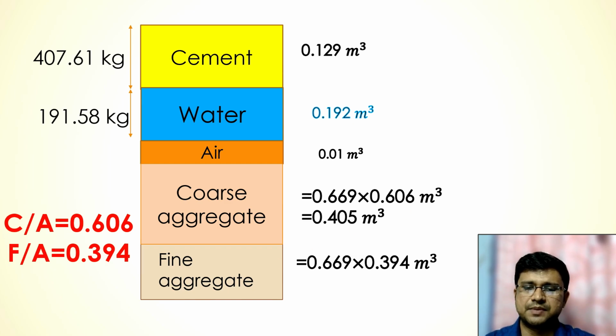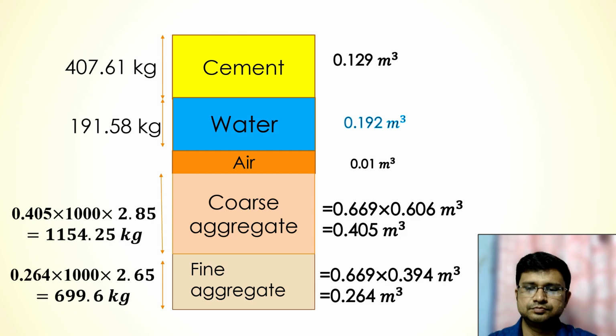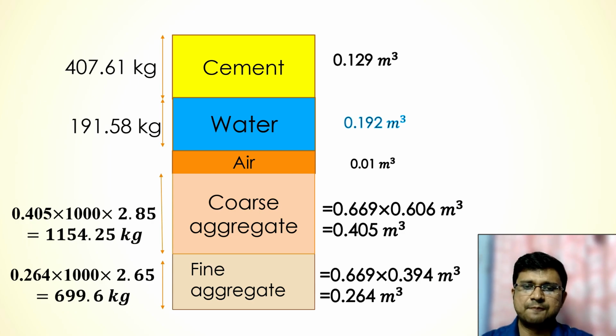And if we multiply the volume of all-in aggregate with 0.394, then we will get the volume of fine aggregate. Now, after we get these volumes, we can simply calculate the weight of coarse aggregate and weight of fine aggregate.